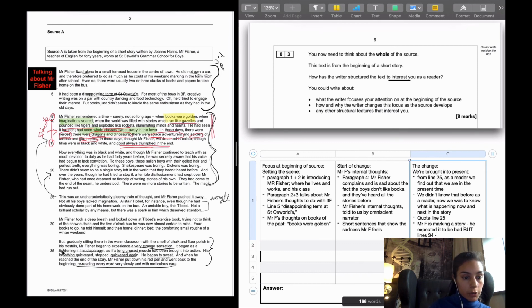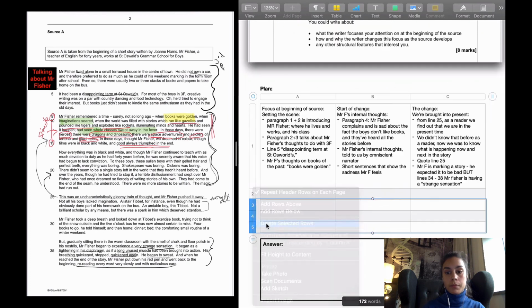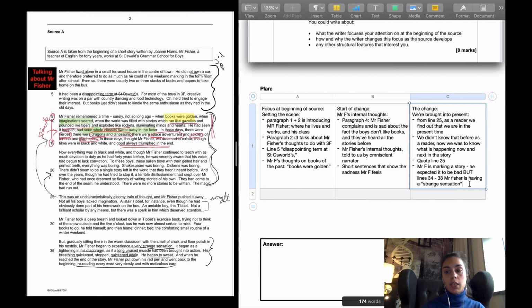That's 34, 35, 36, 37, 38, to 38. Mr. Fisher is having a strange sensation. Okay, let's move this. He's having a strange sensation.